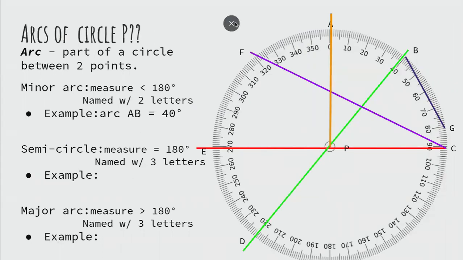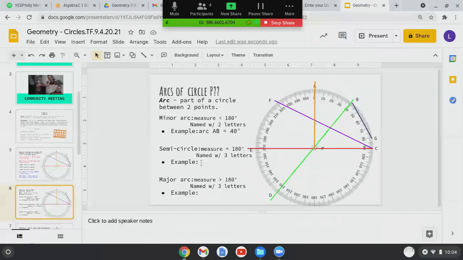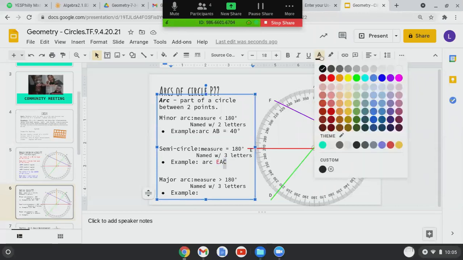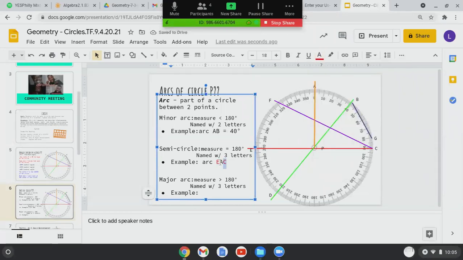So you could have arc EAC if you went up top, or you can go down the bottom.